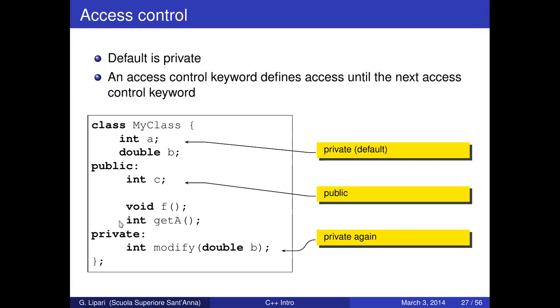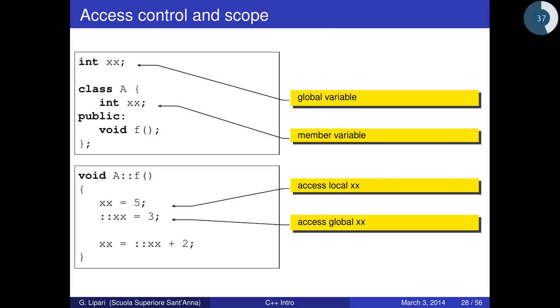You can specify private and public as many times as you want. Of course, this is not really necessary. Most of the time, it's much better to group all private data into a single section and all public data in another single section. So modify, B and A are private, C, F and get A are public.